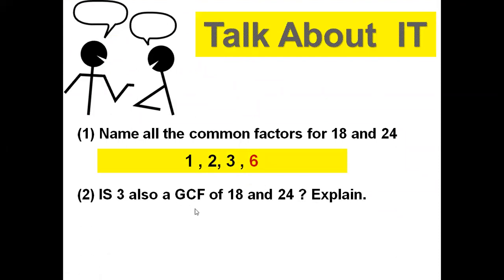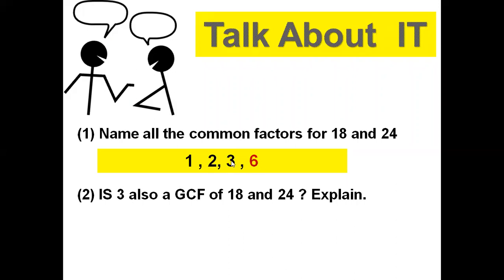Here we have a question. Is 3 also a greatest common factor of 18 and 24? Hashim? How many greatest common factors do we have? One. We know that 6 is the greatest one.